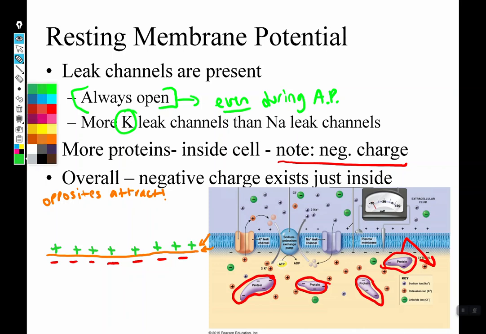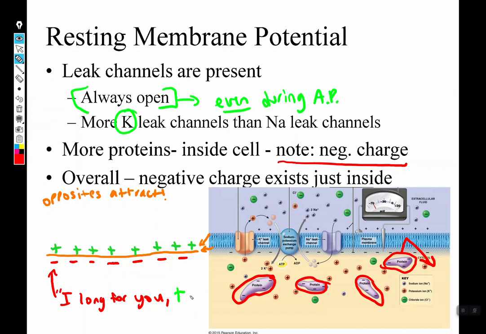So the negative charge is like, I long for you. It really wants to be near the positive charge, but it can't get there because the membrane's in the way. And the same way that the positive charge, because opposites attract, is like, I long for you too, minus sign, but we can't get to each other.